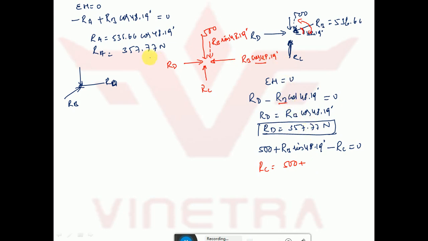RB is equal to 536.66 times sine 48.19 degrees. So the value of RC is equal to 900 Newtons.